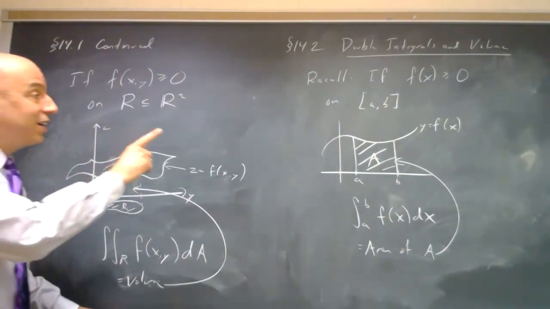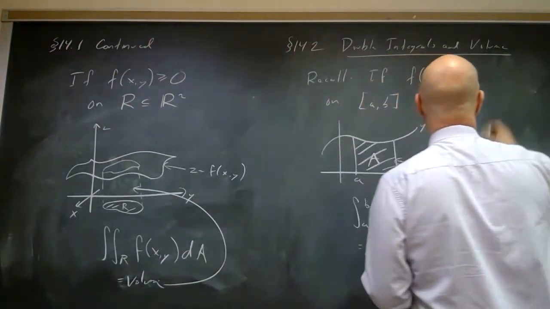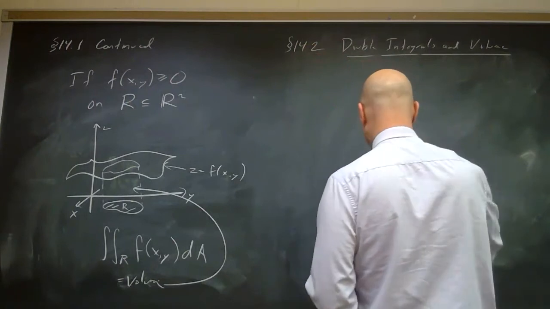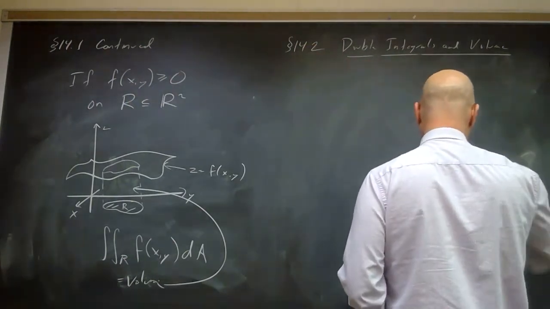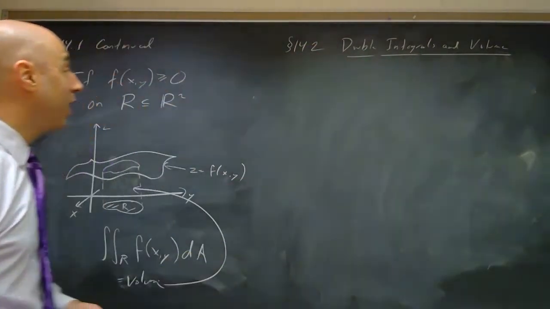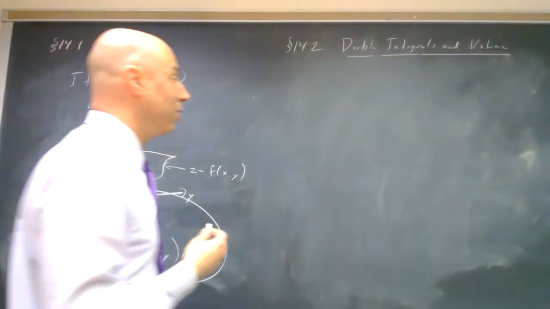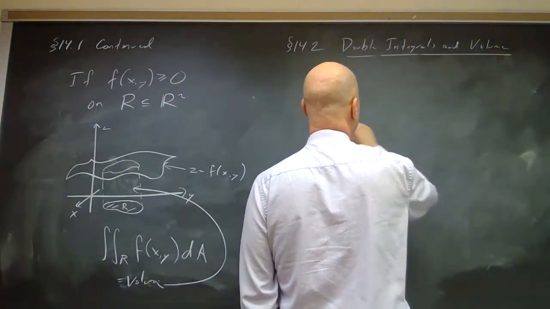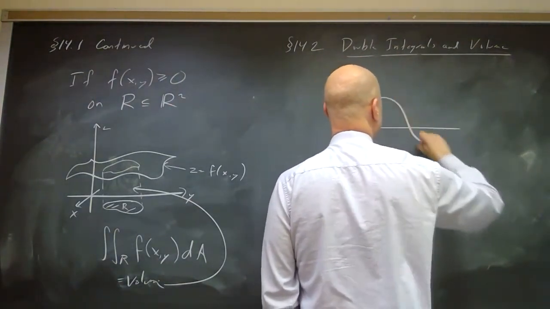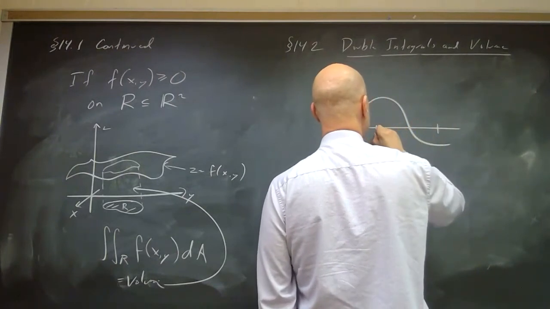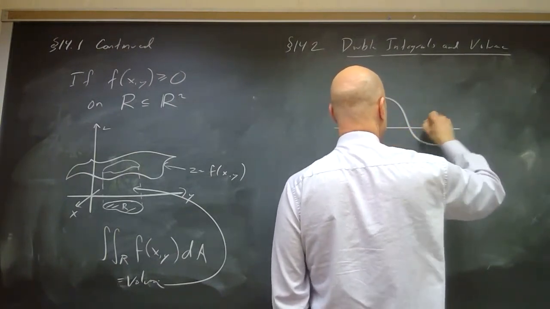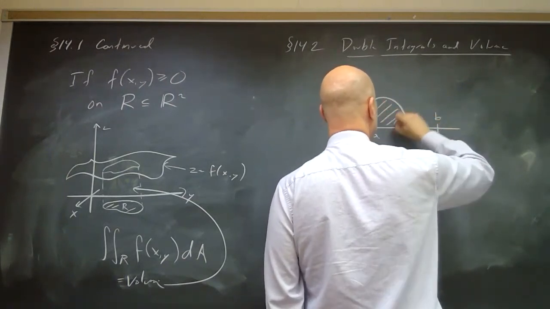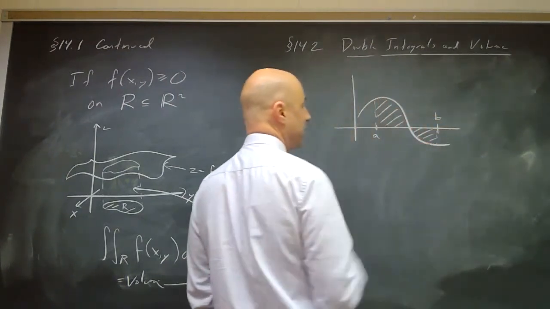Now, back in calculus 1, we know that stuff below the x-axis counts as negative area. We know that the integration is really signed area when we have a single real variable. So if I have something like this, stuff below the x-axis counts as negative area.